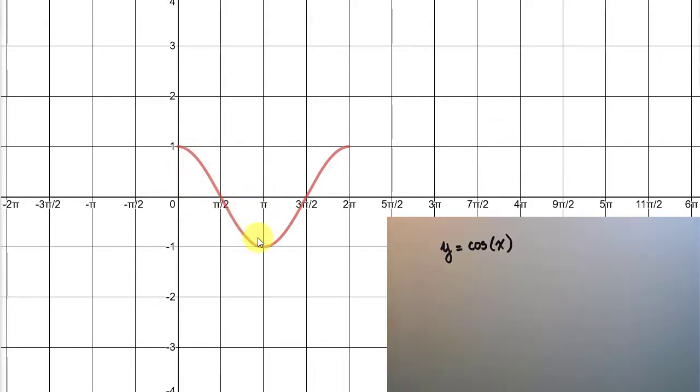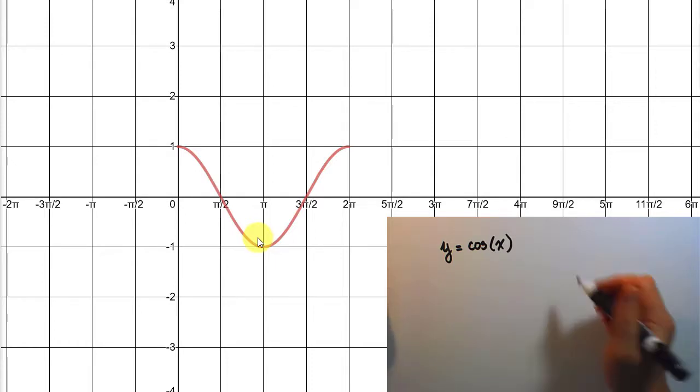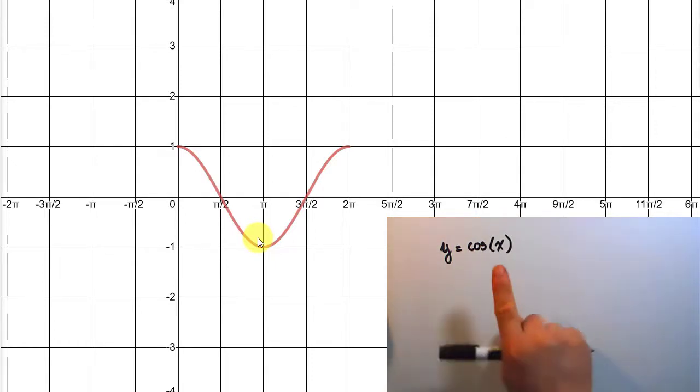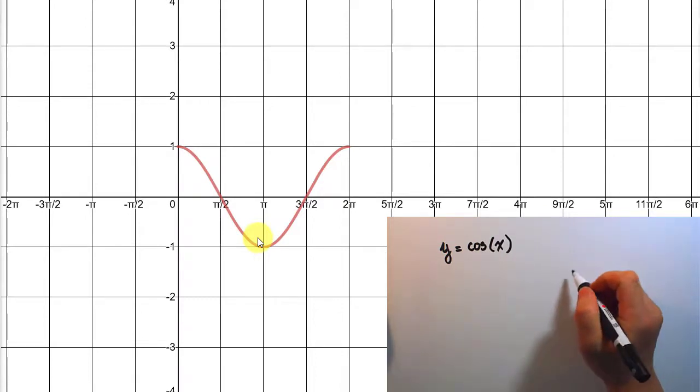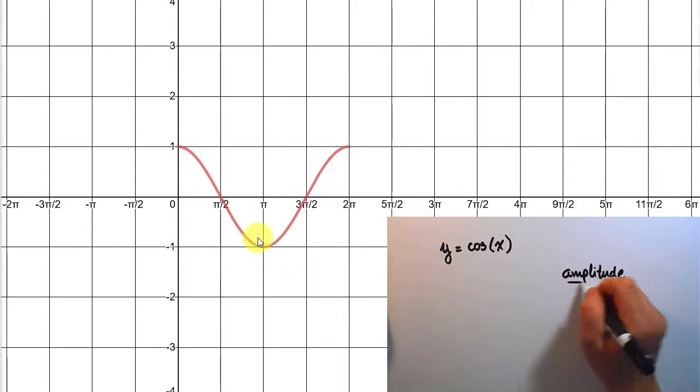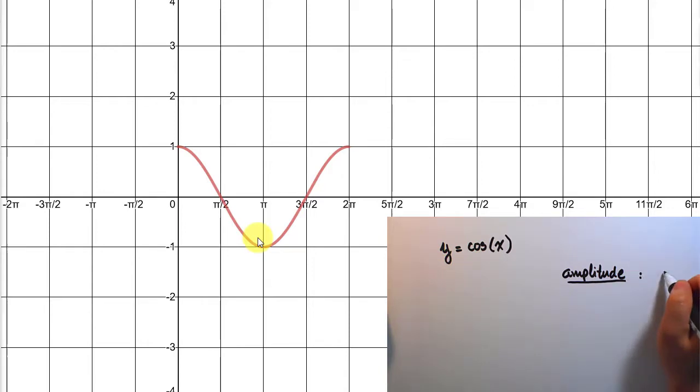Very similar to the sine function, cosine's graph has an amplitude. On this standard cosine function, the amplitude equals 1.